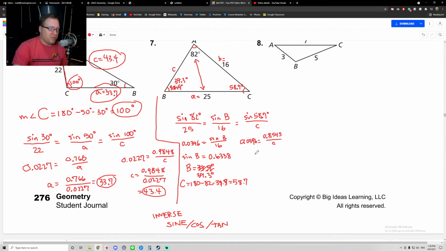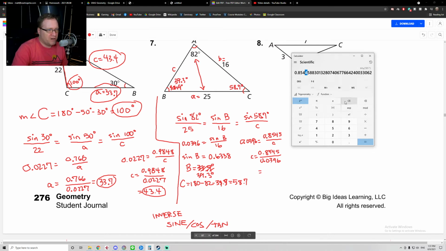Then we multiply by C over here and divide by this. So C is going to equal 0.8545 divided by 0.0396. We use our calculator to find that, and it equals 21.57.